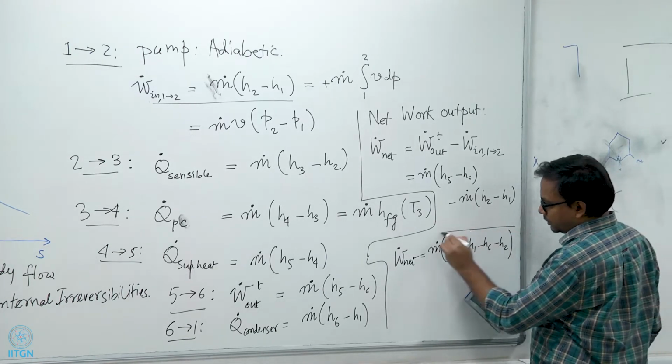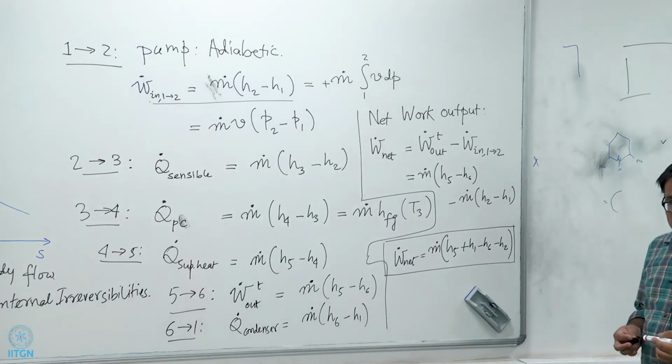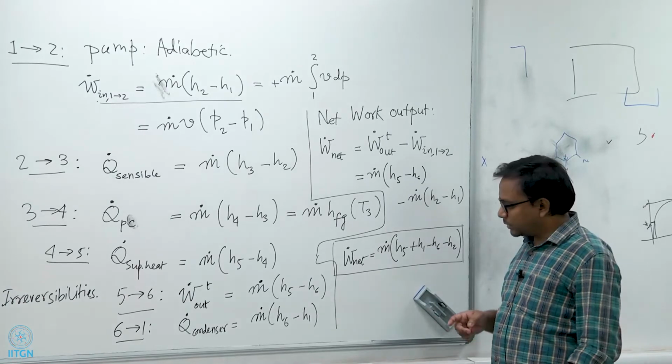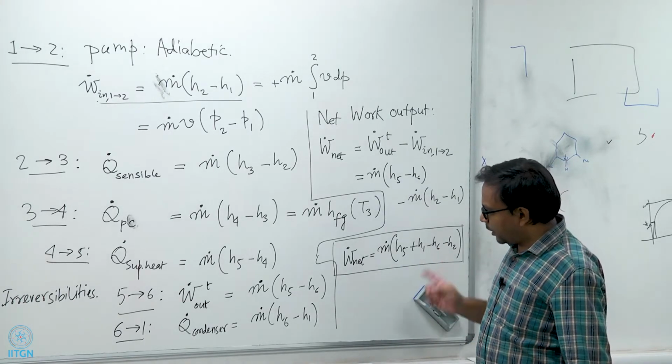This is the net work output that is coming out of the Rankine cycle. If you know the states, you can very easily find out the net work output of the Rankine cycle.